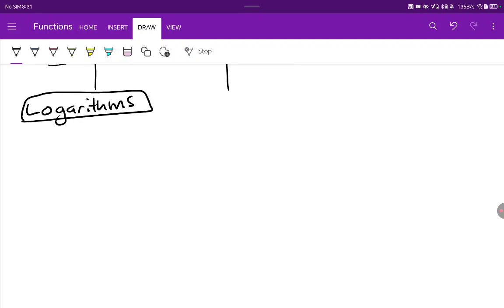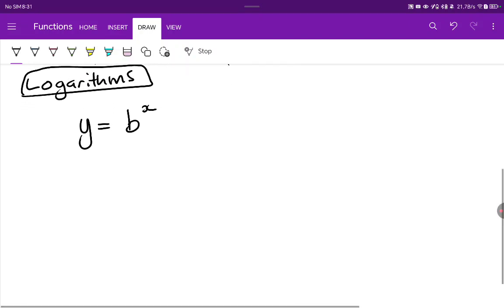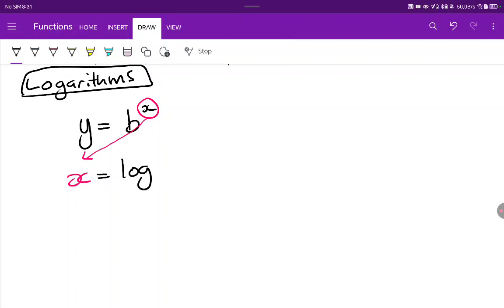Second concept we want to get to are logarithms. A logarithm is a mathematical function that we use to do the inverse of an exponential function. So if you have an exponential function that says y is equal to b to the power of x, your logarithm is going to be as follows. This exponent is going to go to the other side. So x is going to be equal to logarithm. Now let's get our colors right.